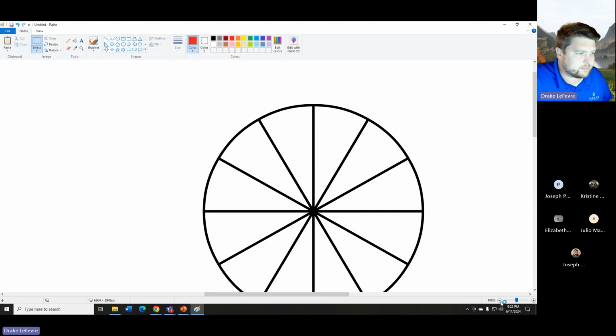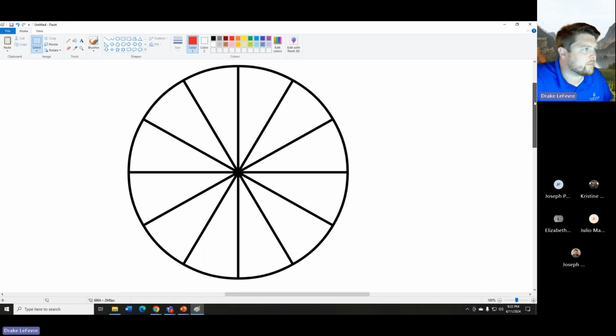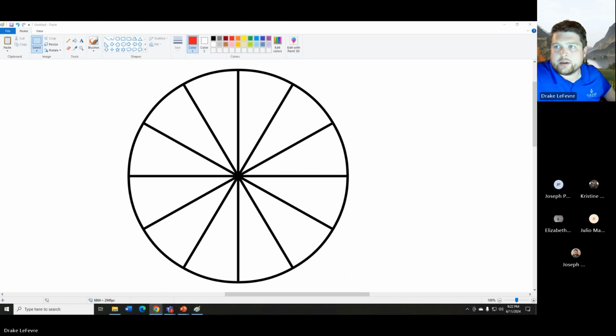So what we do, we take a circle representing 360 degrees, and we assign direction to this circle. Let's start with going all the way to the right. We call this 0 degrees.